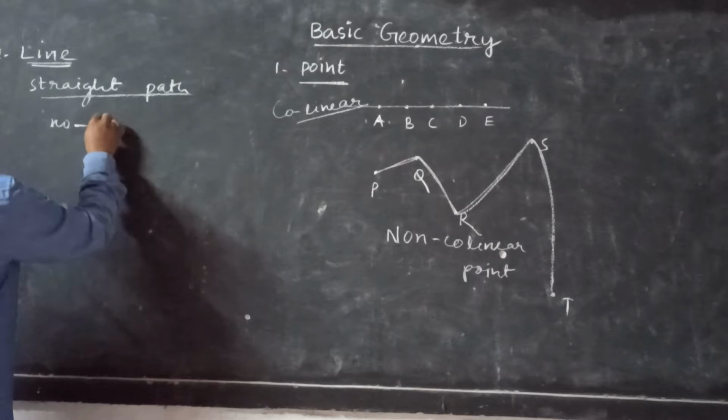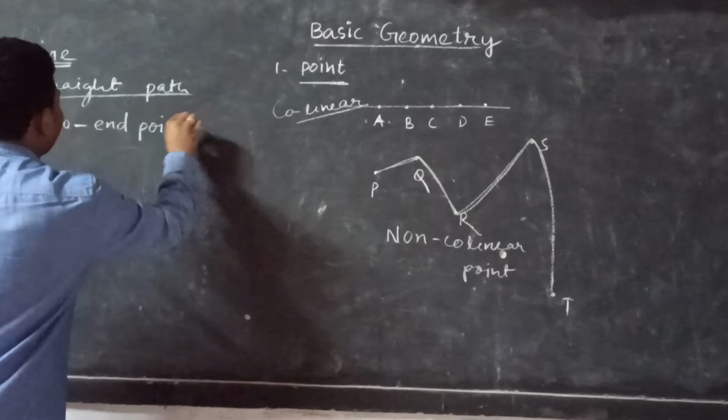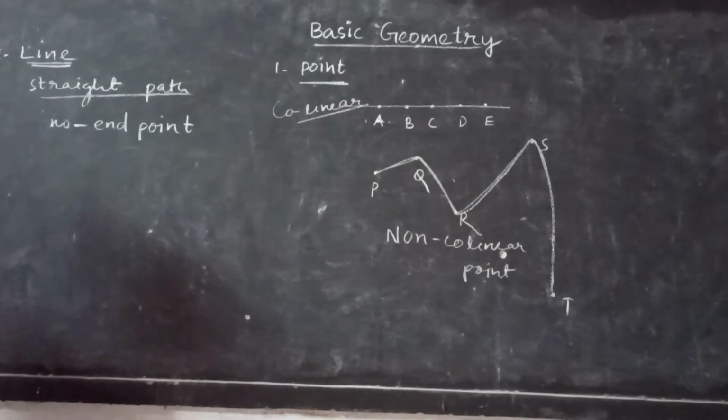A line does not have any end point. Where it started and where it ends, we have no idea. That means it has no end point.